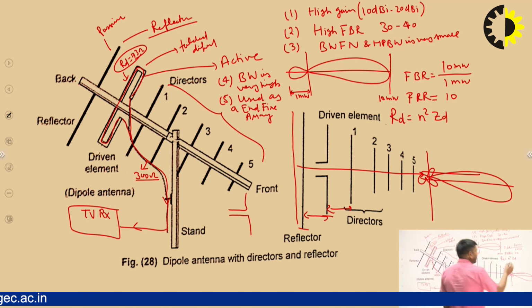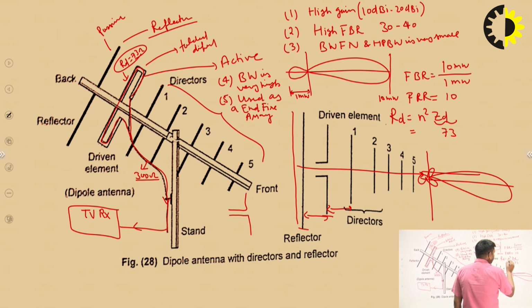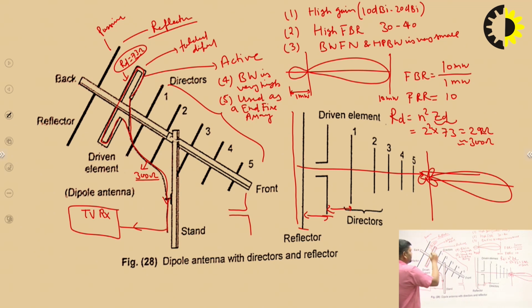We know that the dipole antenna impedance is 73 ohm, and for the two-fold dipole antenna n is equal to 2. So 2 squared is 4, and we get 292 ohm, which is highly comparable to 300 ohm. So we use a folded dipole antenna rather than a single dipole antenna.